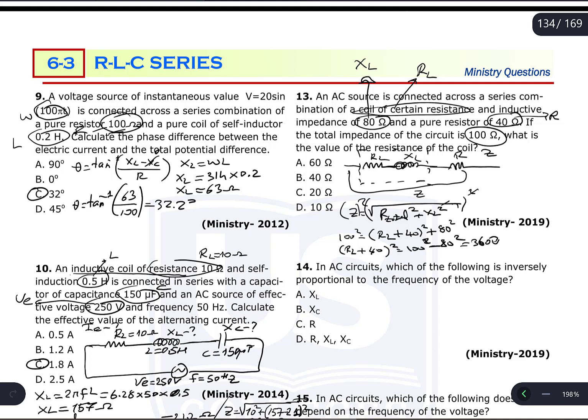Then I'm going to get the root of both sides. So root of 3,600 is 60, which means RL plus 40 is equal to 60. So when we take this 40 to the right side as negative, RL becomes 60 minus 40, which is going to be 20 ohm. So C is the correct answer.